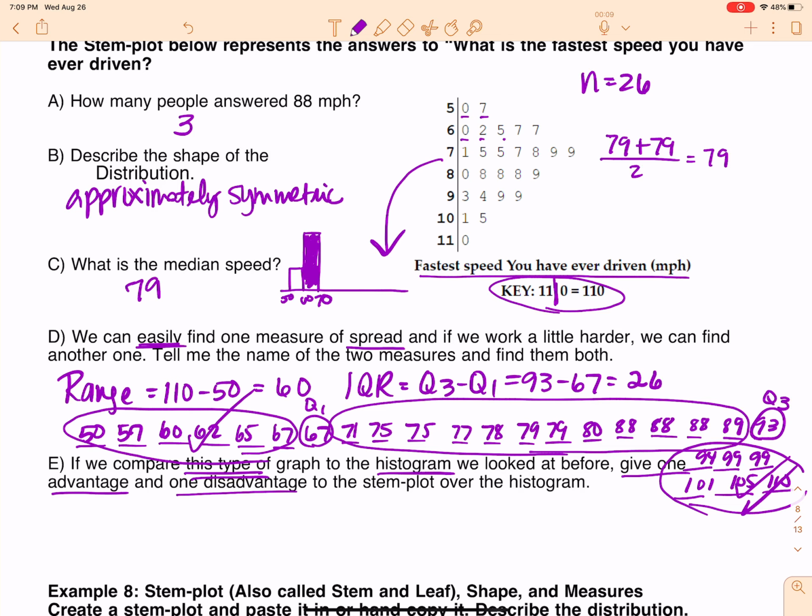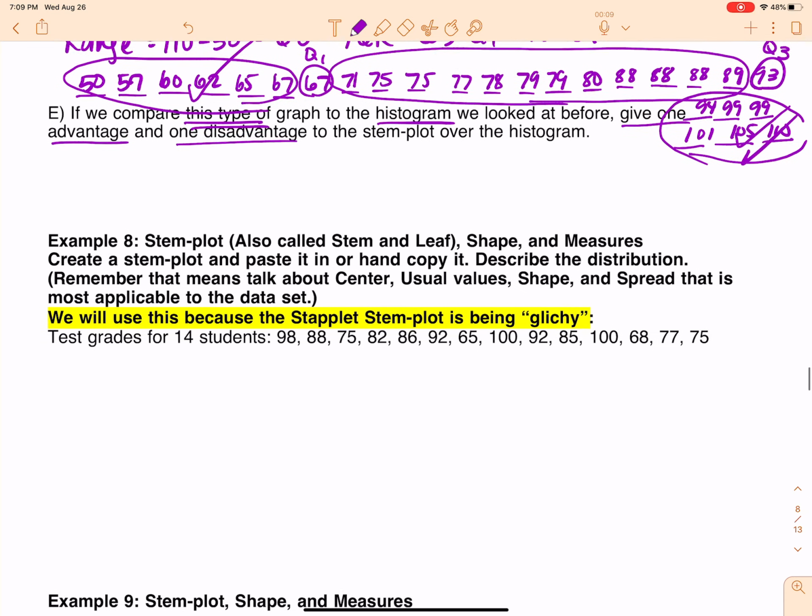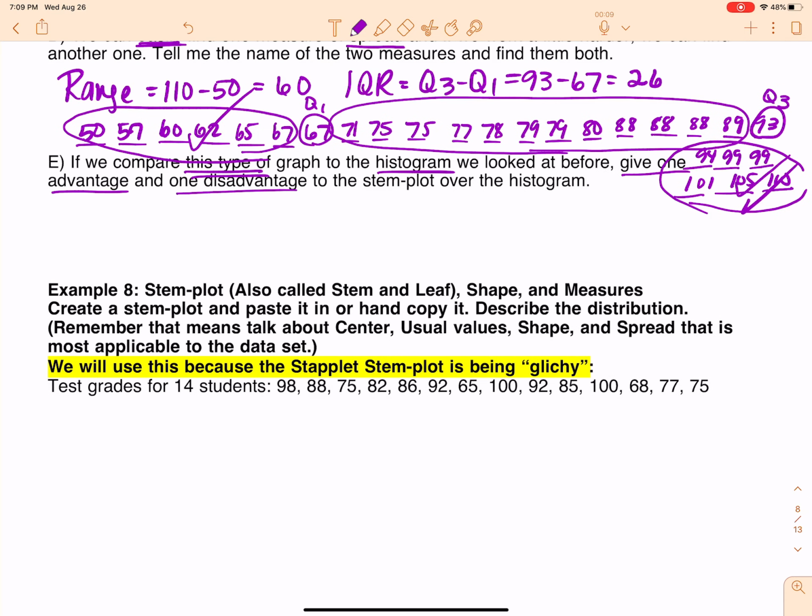So a stemplot does a nice job of preserving all of your data. In a histogram, your data gets lost because it just gets shoved into a bin.